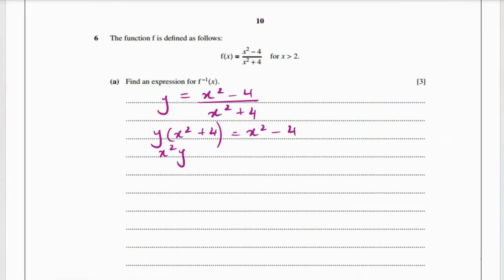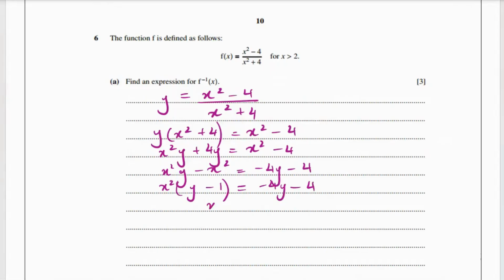X squared y plus 4y equals x squared minus 4. Collect the terms with x on one side. So x squared y minus x squared equals negative 4y minus 4. Take x squared common. So y minus 1 goes in the bracket. X squared equals negative 4y minus 4 over y minus 1.